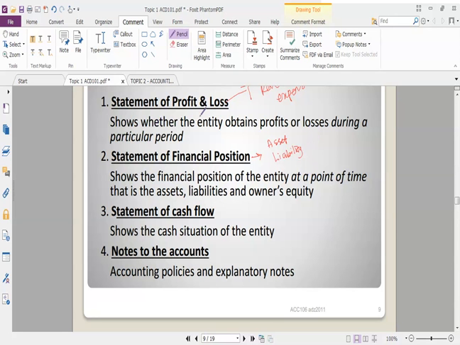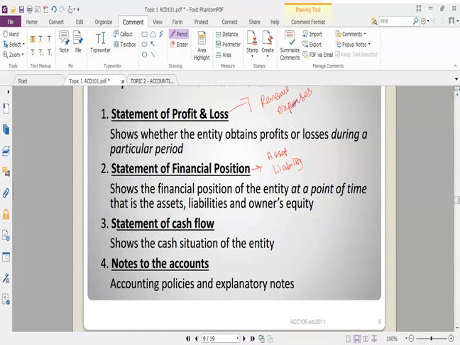The statement of profit and loss shows whether the entity obtains a profit or loss during a particular period, by having these items, that is revenue and expenses. Then we calculate the profit. If the revenue is higher than the expenses, we call it a profit.